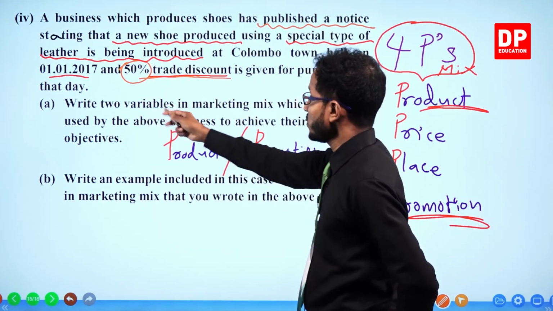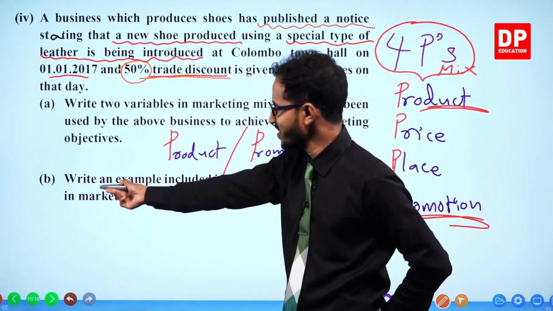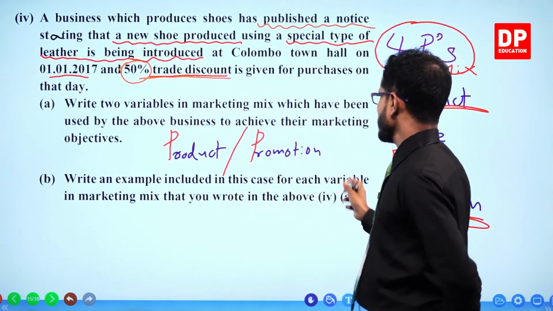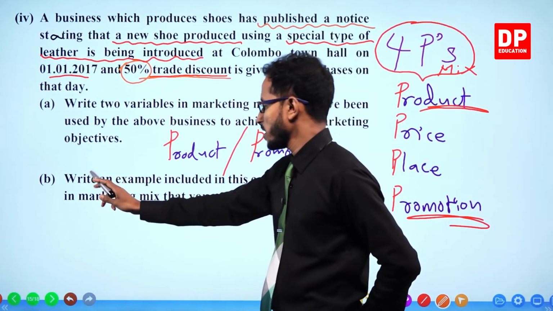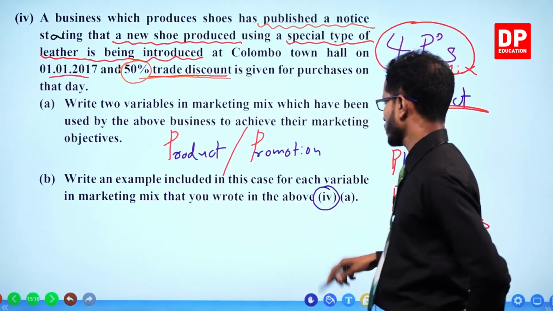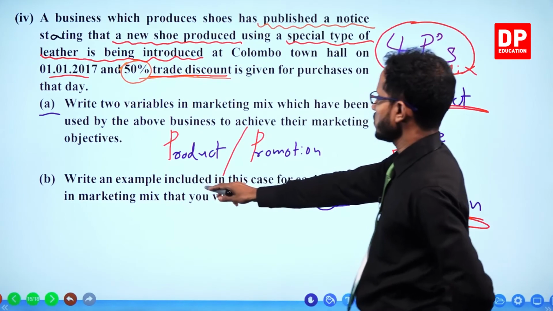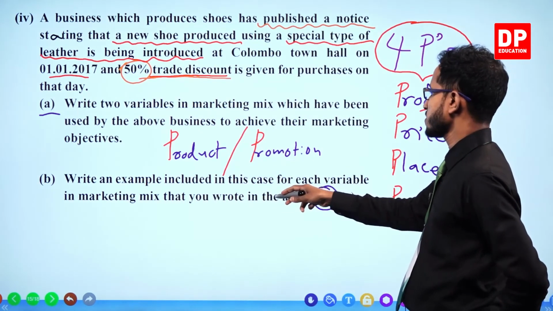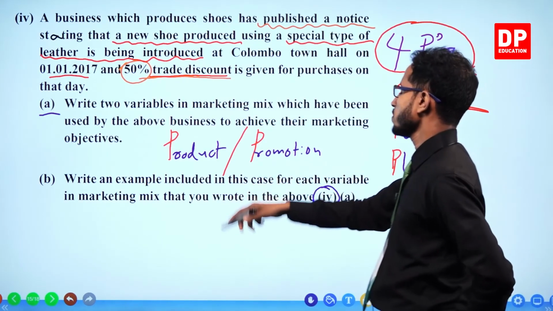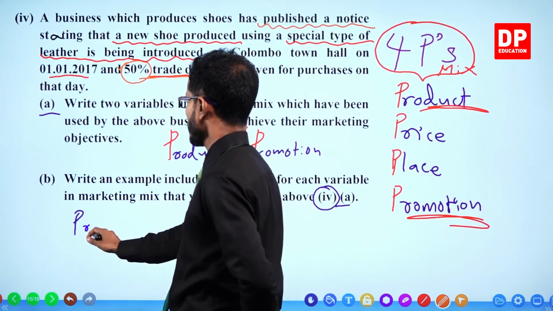Write 2 variables. We did it. Next part: an example included in this case for each variable in the marketing mix that you wrote, in part A. For product, what can you write?